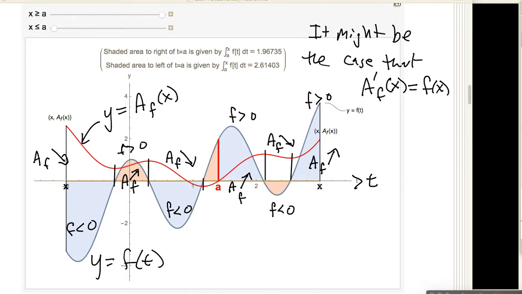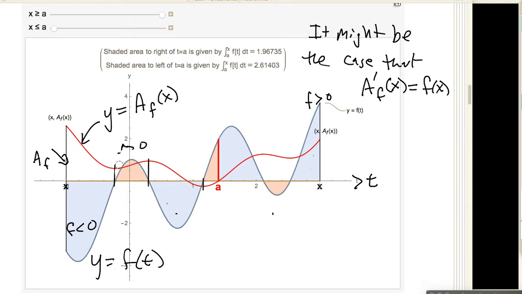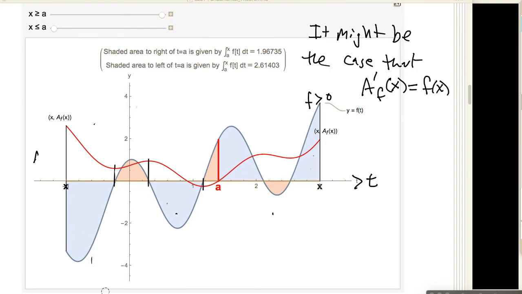Well, there's another thing that we also know about the graph of a function and its derivative graph. So I want to eliminate a lot of the drawing that I've done so far, because I want to look at another set of points on the f graph and see what's happening on the AF graph. So let me get these things all cleared up, and let me label the graphs again. This is y is equal to AF of x, and this is y is equal to f of x.